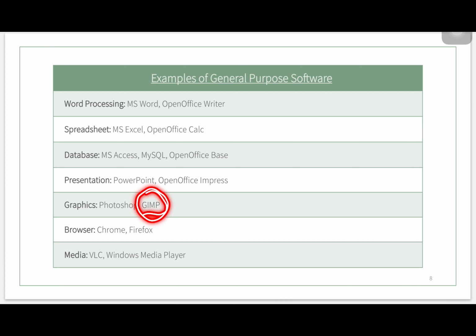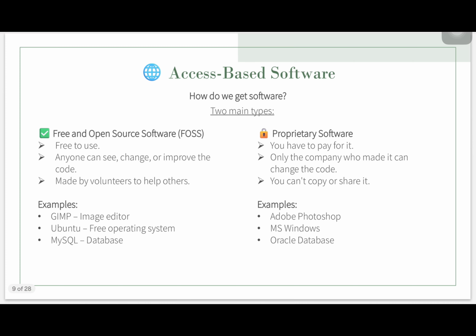GIMP is a free one and Photoshop is a paid one. Then browser, Chrome, Firefox, Microsoft Edge, Brave, etc. Media, VLC, Windows Media Player. Understood?